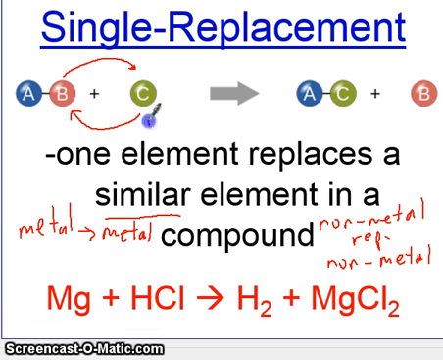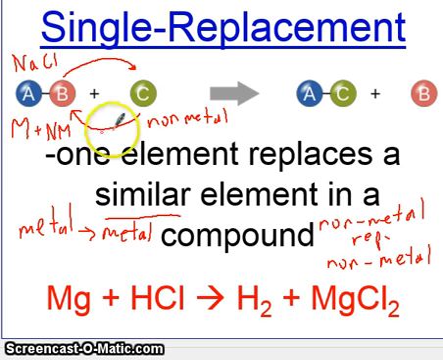C is a non-metal because it's replacing another element that's on the right side. Usually you write metals and non-metals. Like, for example, sodium chloride. So the non-metal will replace the non-metal. If C were a metal, it would replace a metal. And that's exactly what you see here.